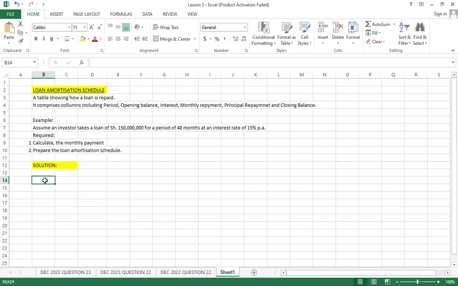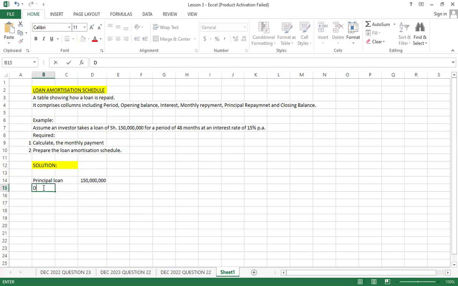The first thing provided is the principal loan taken, an amount of 150 million.